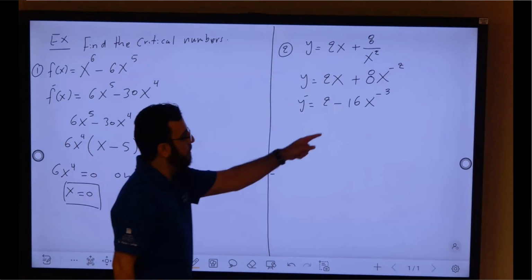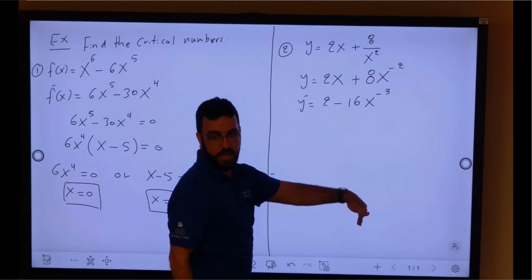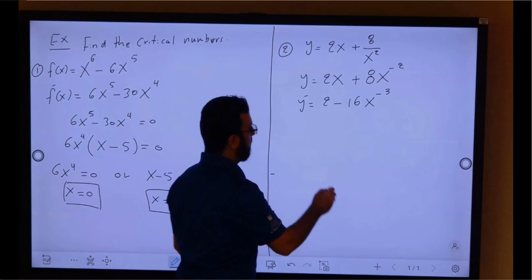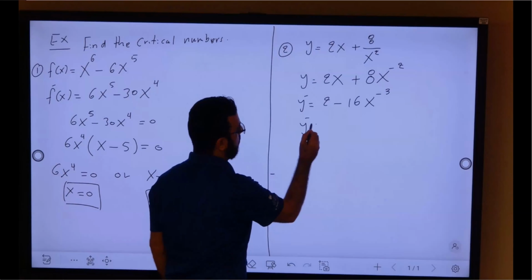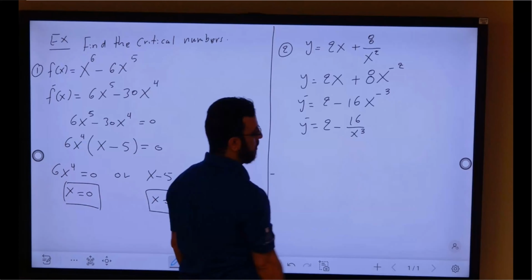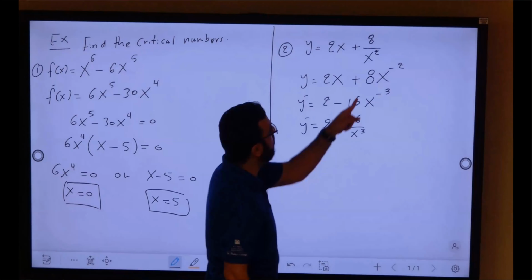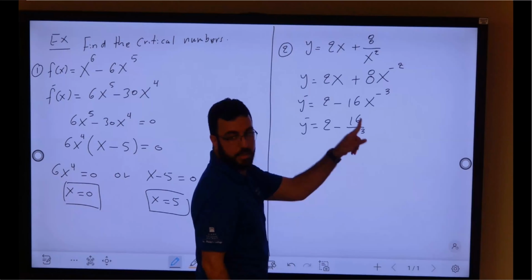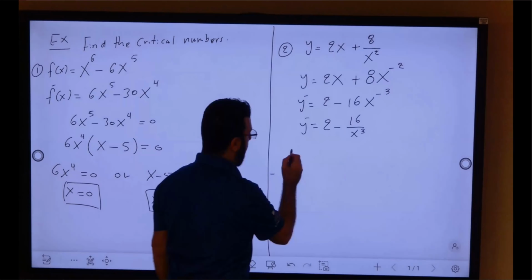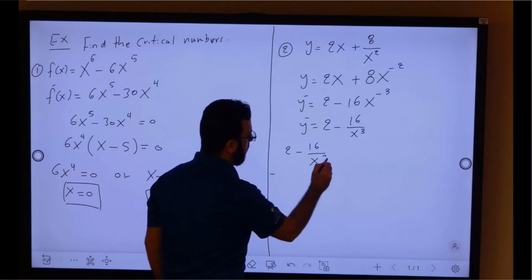Now, can I bring the x to the negative 3 to the bottom as a positive exponent? I can say y prime equals 2 minus 16 over x cubed. Both are going to be right. If you're using the quotient rule, it's going to be the same result. Now I'm going to take the derivative and set it equal to 0.